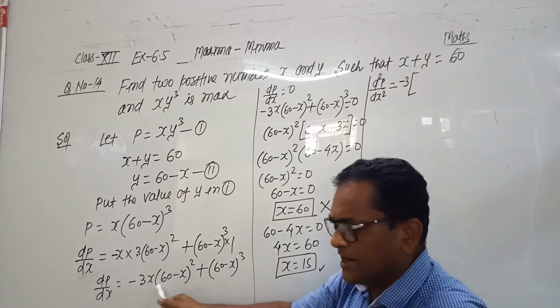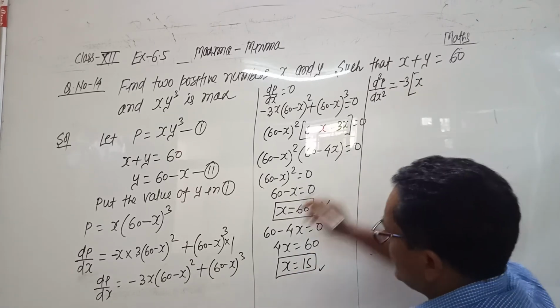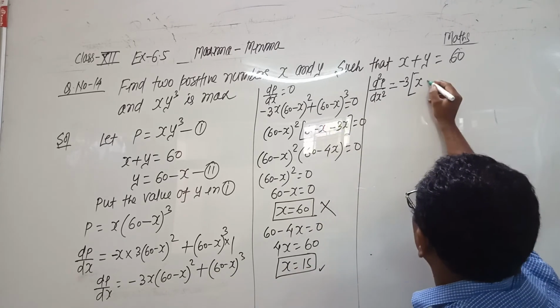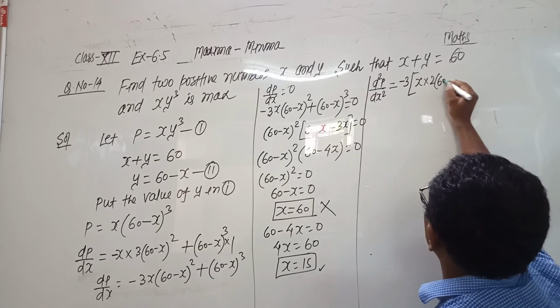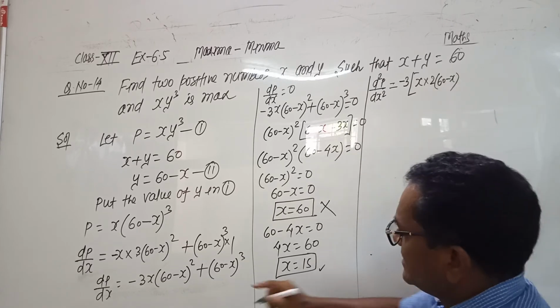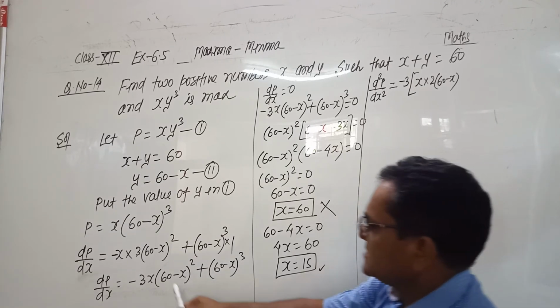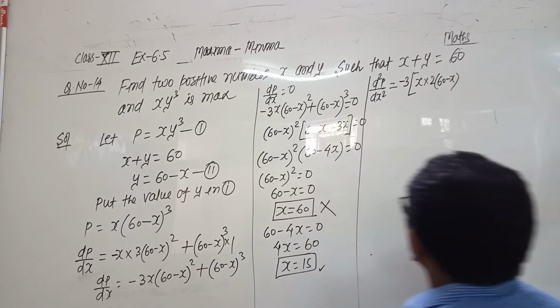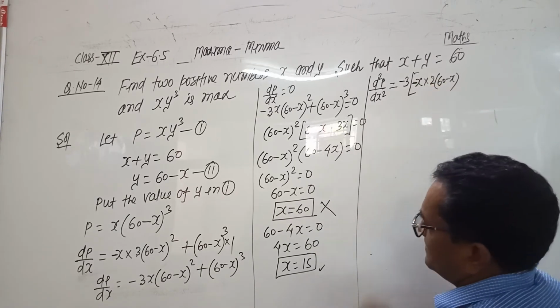This will be differentiated as u into v: u as it is, and differentiation of v is 2 into 60 minus x, removing the square, and differentiation of the term inside the bracket is minus 1.